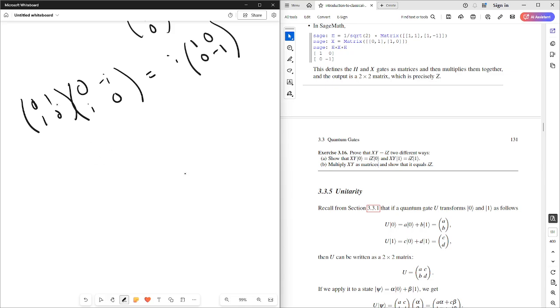Things operate this way. 0 times 0 plus I times 1, minus I times 1.